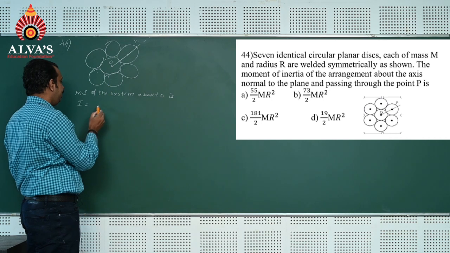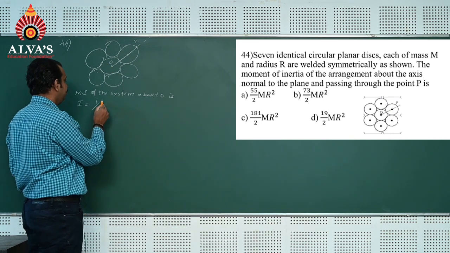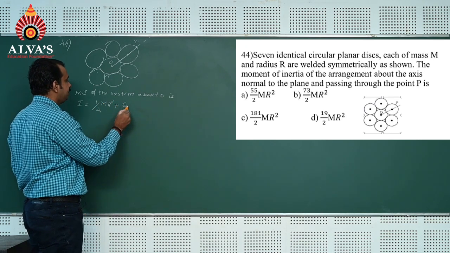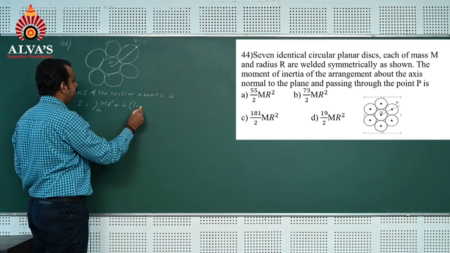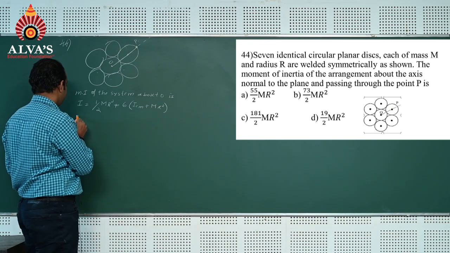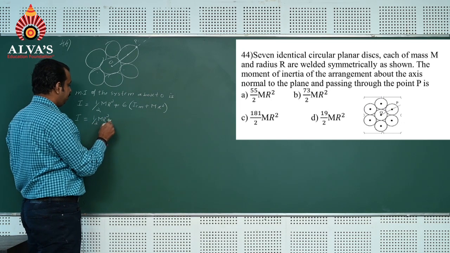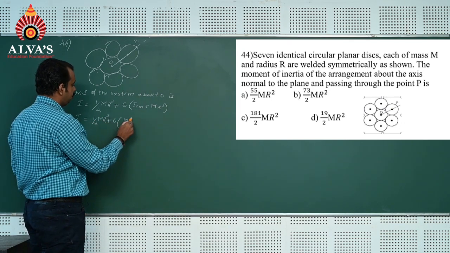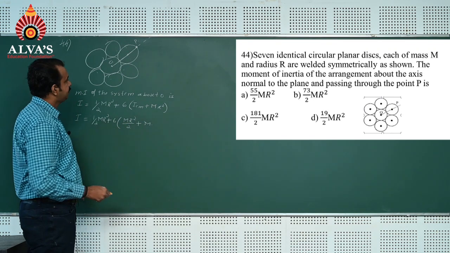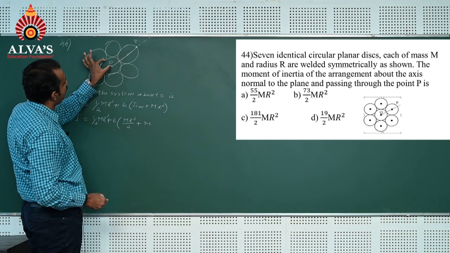For this disc we can write 1 by 2 m r square, plus there are 6 discs, for which I use the formula ICM plus m into x square. That is I is equal to 1 by 2 m r square plus 6 into (m r square by 2 plus m into x square), where x is this distance, which is r plus r.